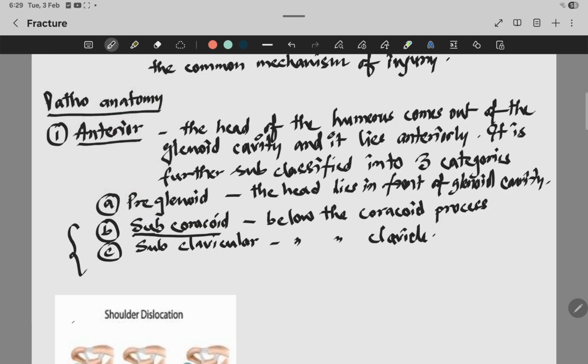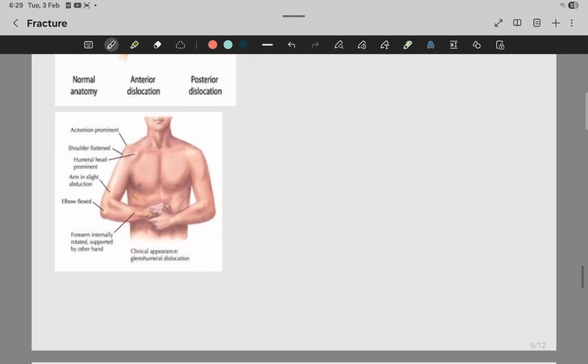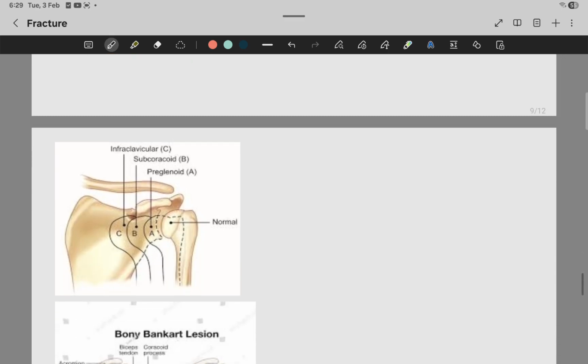Okay. Now here we'll go through the three subtypes: the preglenoid type, subcoracoid type, and the subclavicular type. See, this is A, the preglenoid type. This position, number B, is the subcoracoid type, under the coracoid process.